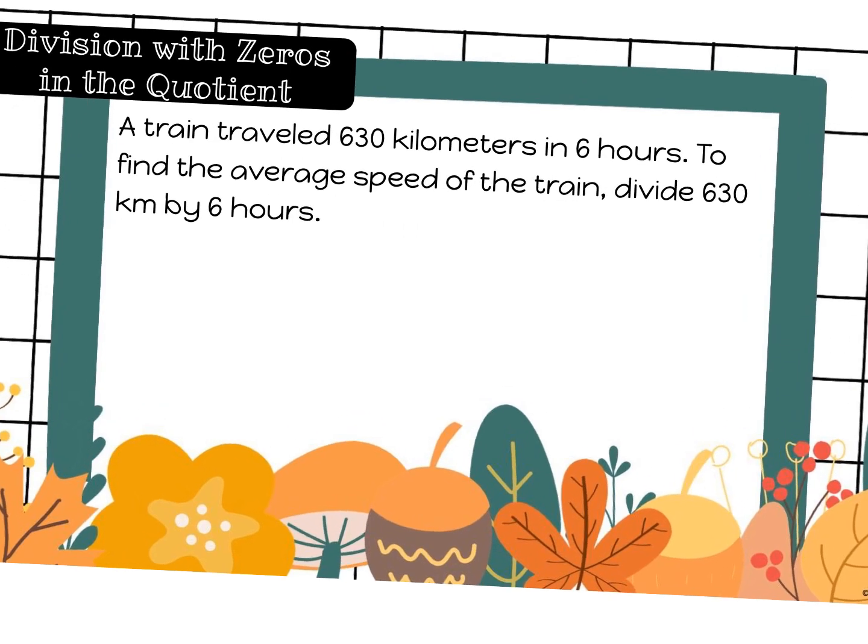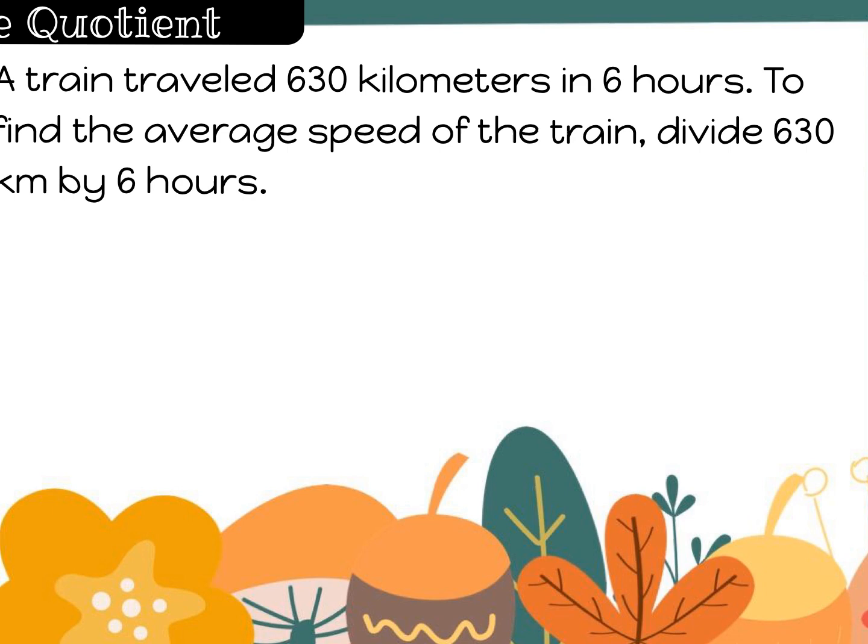Here's our first problem. A train traveled 630 kilometers in 6 hours. To find the average speed of the train, divide 630 kilometers by 6 hours. So I would take 630, divide by 6. Who wants to walk me through this? Okay, Ty, go. 6 goes into 6 one time, and you subtract 6 from 6, you get 0.